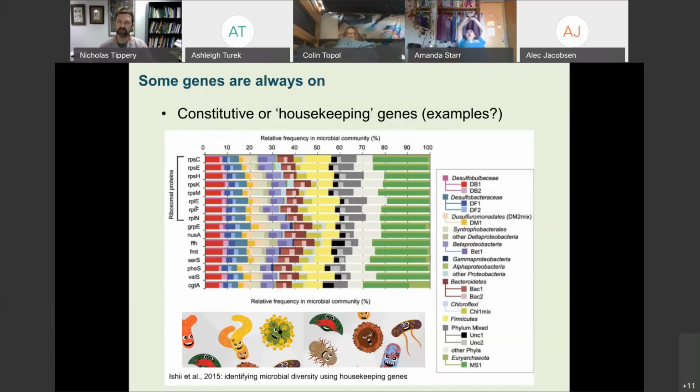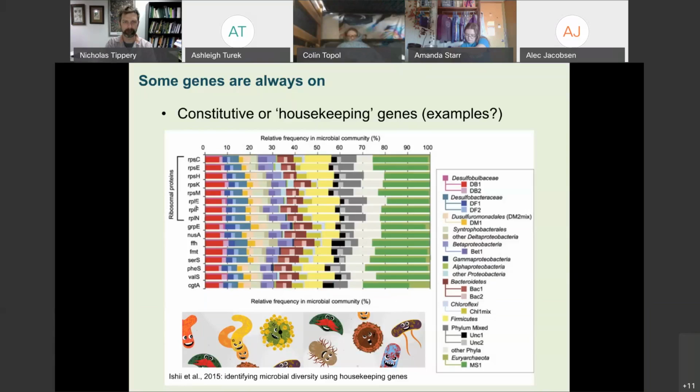If a cell was ever not able to do translation, that would be pretty horrible for the cell. Cells have to translate RNA messages pretty much all the time, right? So if you looked for an organism and you were looking for its RNA for a non-essential luxury gene, you might not find it because it just wasn't being made at that time, not because the organism isn't there.